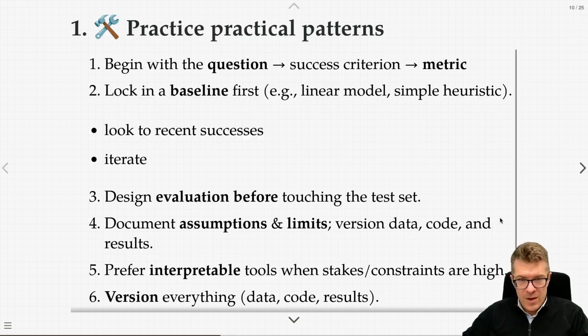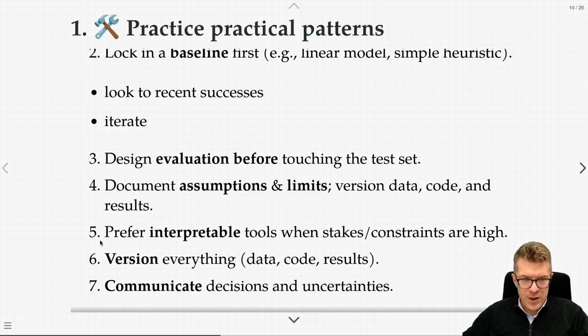We also want to document our assumptions and our limits, versioning data, code, and results, and maintaining the standards of software engineering and DevOps in data science as well. Somewhat controversially, we might want to prefer tools that are interpretable or understandable when the stakes and constraints are high. This is not universally going to be the case, and maybe we'll come back to this topic later in the course.